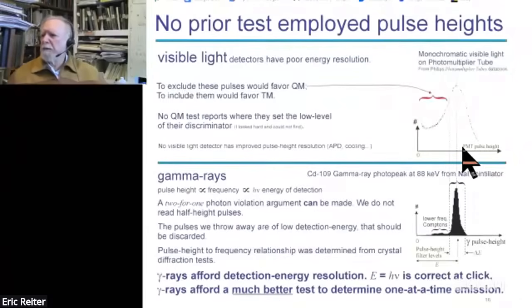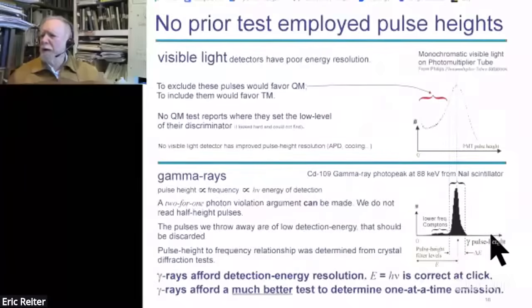No, this is a graph of pulse height for the photomultiplier tube. But it's the same kind of graph of pulse height that you'll get with gamma rays. With gamma rays, you can say that the pulse height is proportional to frequency. Up here, they just say it's all monochromatic light. It's all one frequency, but it does have different pulse heights.